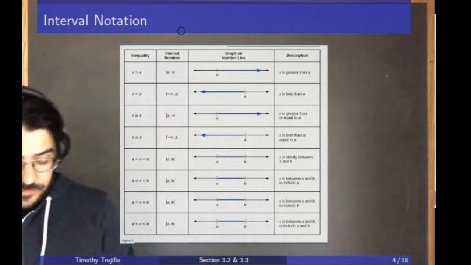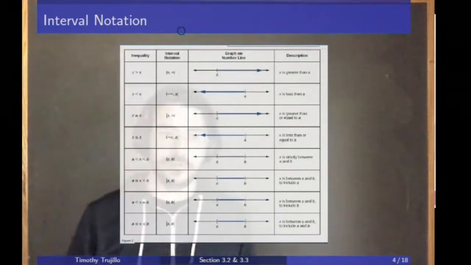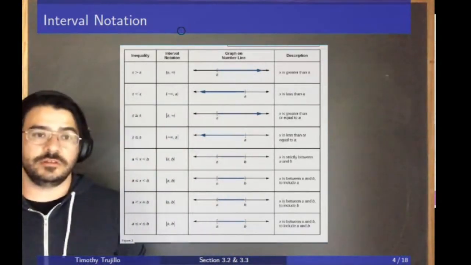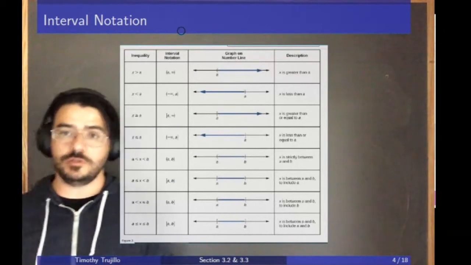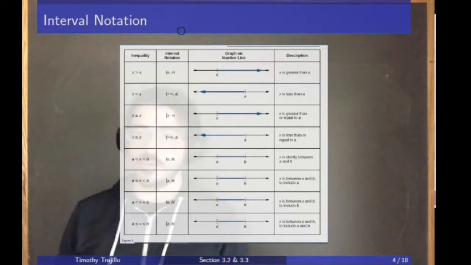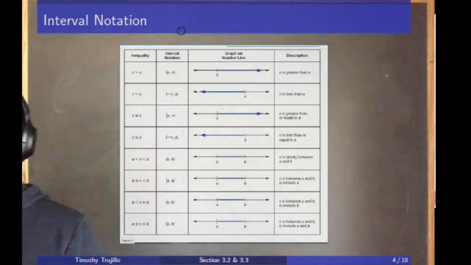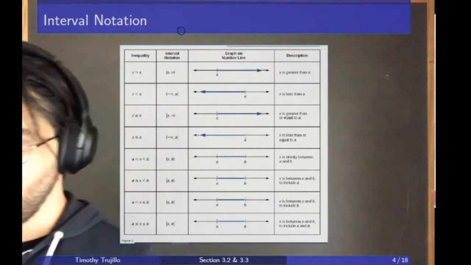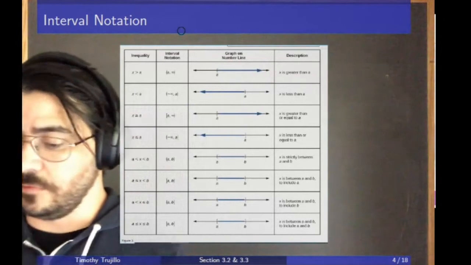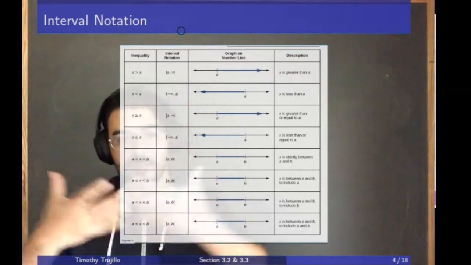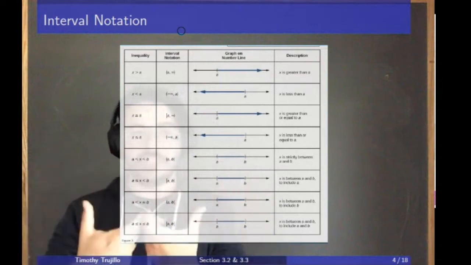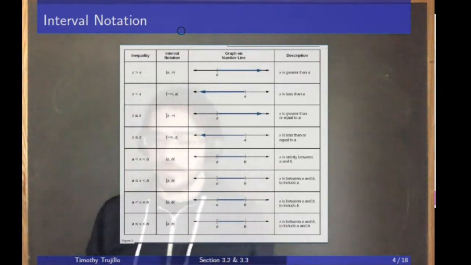And the point of bringing this up, just as a quick reminder, is that the domain will typically consist of infinitely many different real numbers. And so we'll have to express the domain in terms of an interval. So many of the times when we look for the domain, we'll express the domain in terms of an interval. And furthermore, when we start talking about piecewise functions, we're going to break up the domain into several different pieces and use a different formula in each piece.